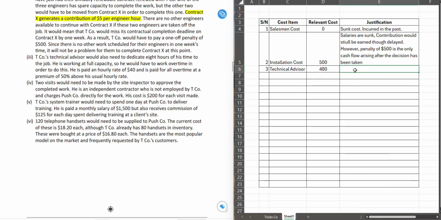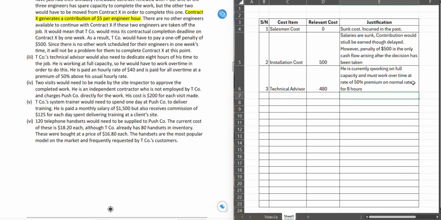So our justification is: currently working at full capacity and must work overtime at a rate of 50% premium on normal rate. So for 8 hours. And that's as simple as that.